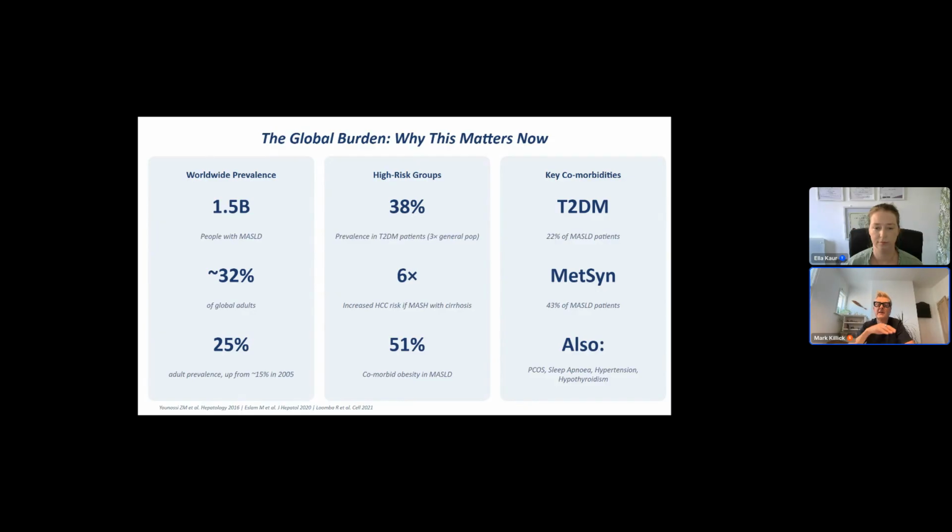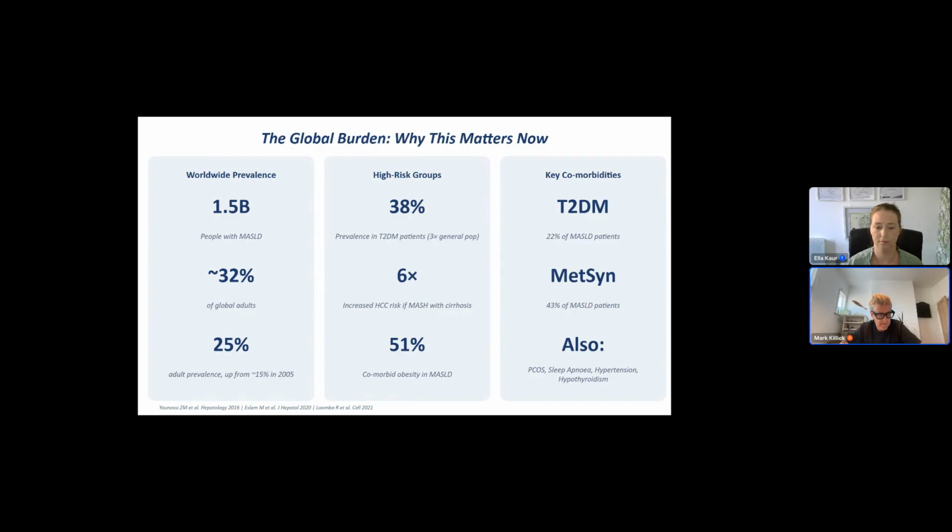You can see the comorbidities we've got here as well: metabolic syndrome, type 2 diabetes, but also PCOS, sleep apnea, hypertension, hypothyroidism. These are all very intertwined as well.